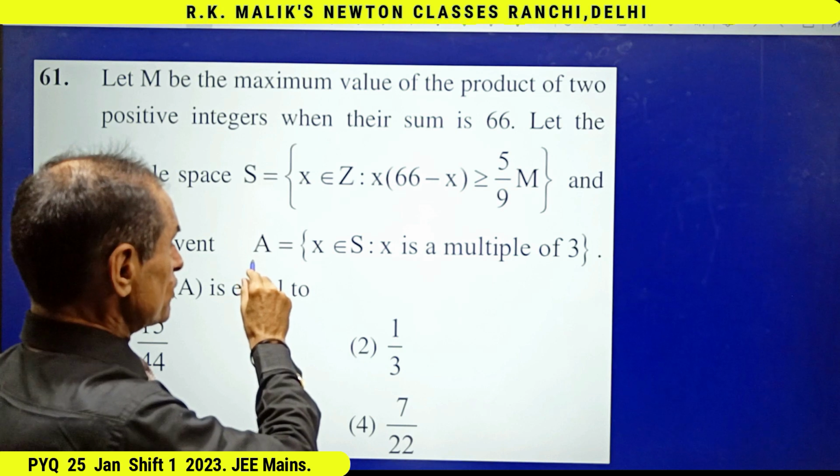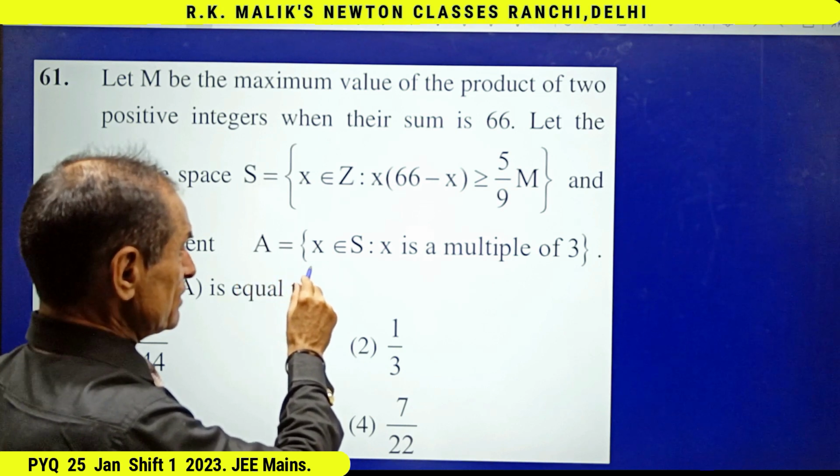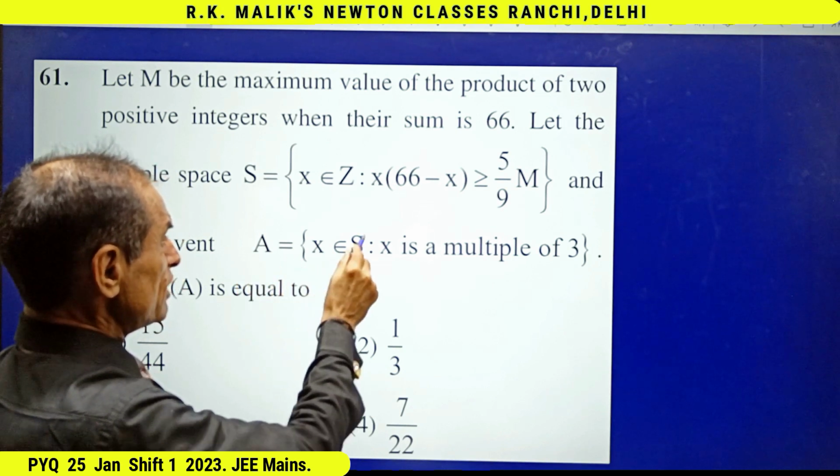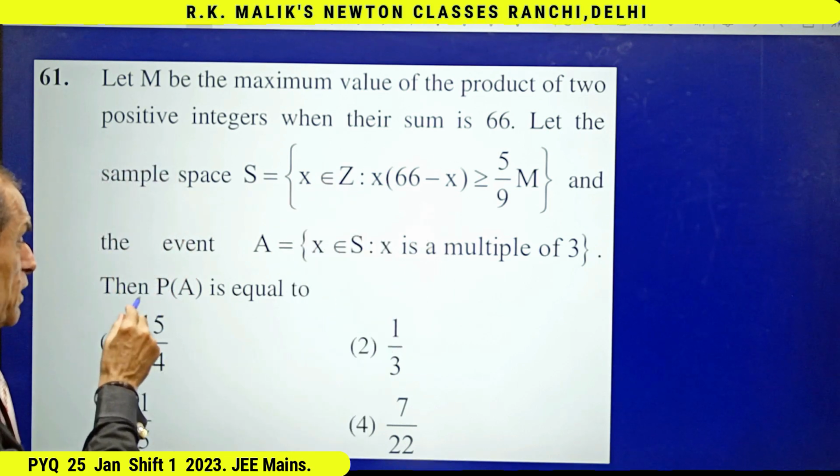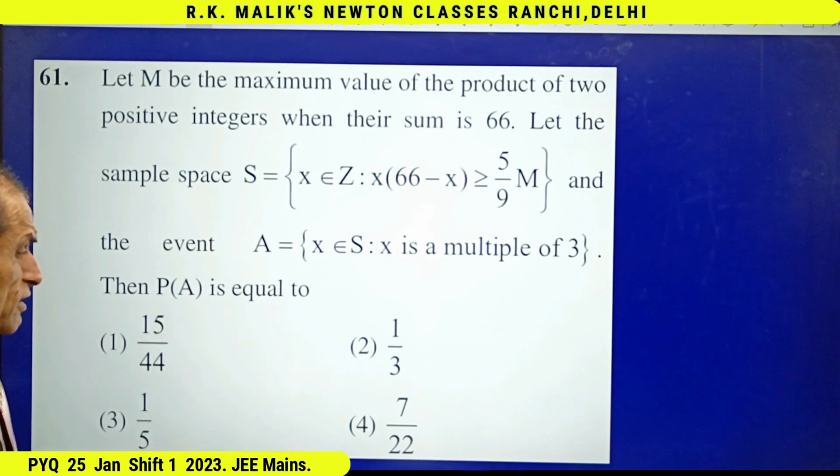That is, A contains those integers which are multiples of 3 and belong to the set S also. Then P(A) is equal to, you have to find the correct choice.